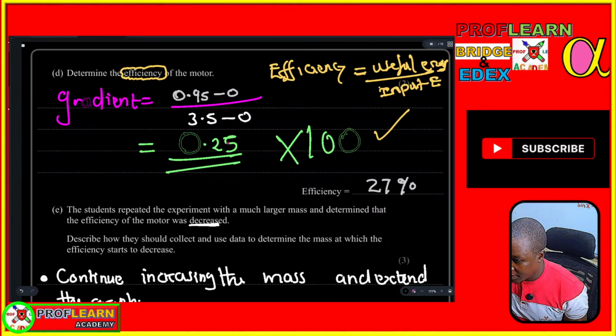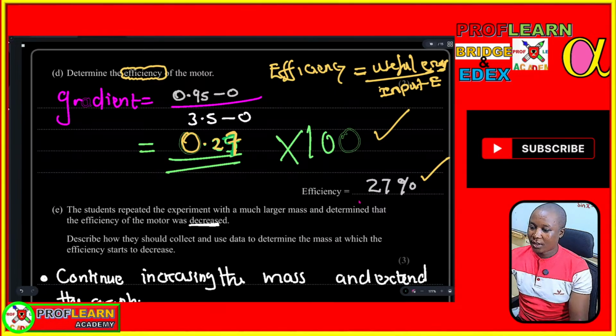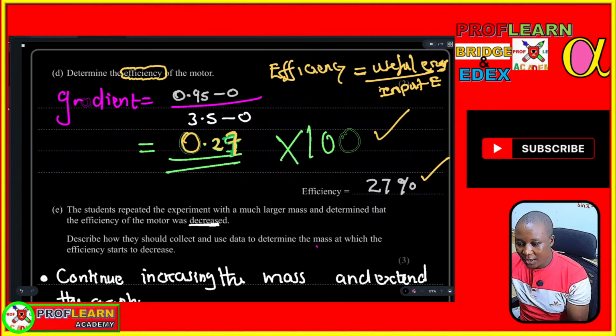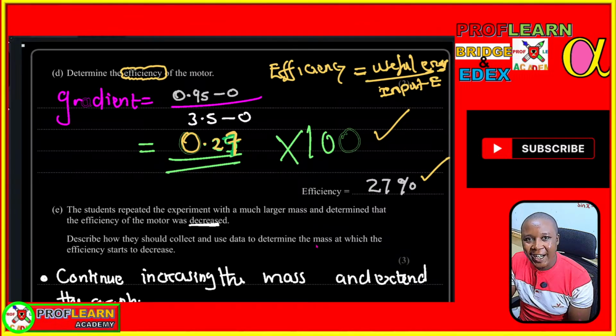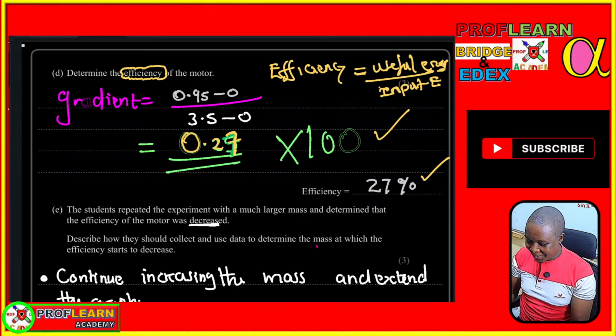The error was here, so it should be 0.27, so that we shall say it's 27%. So things can happen, anything can happen in an exam, so you have to be very careful you don't cause this kind of random errors. This is what we call random errors when you are working out questions.